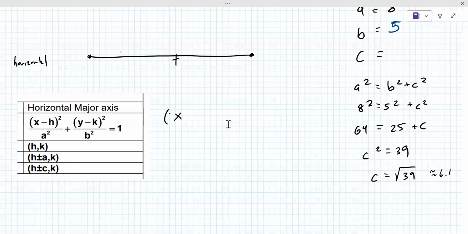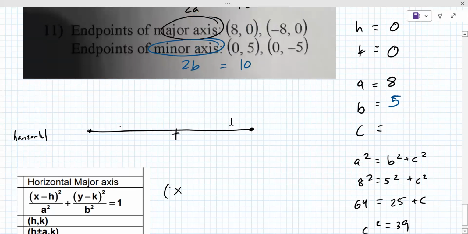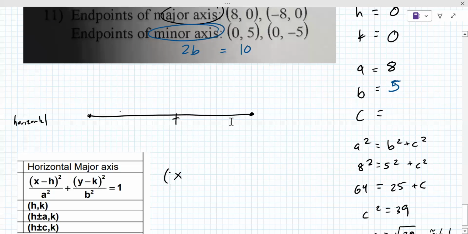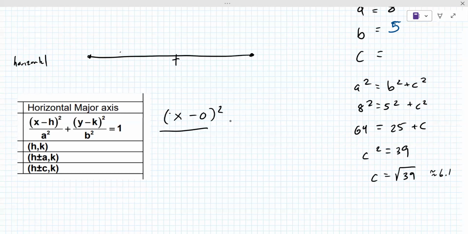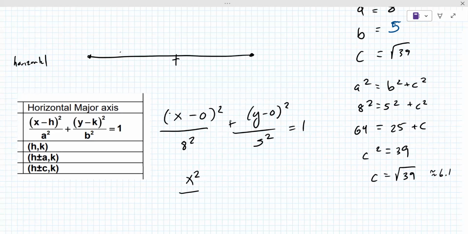X minus 0 over A is 8, B is 5, equals 1. So we get x squared over 64 plus y squared over 25 equals 1. They always look nice at this endpoint. These numbers on the bottom are typically nice squares.